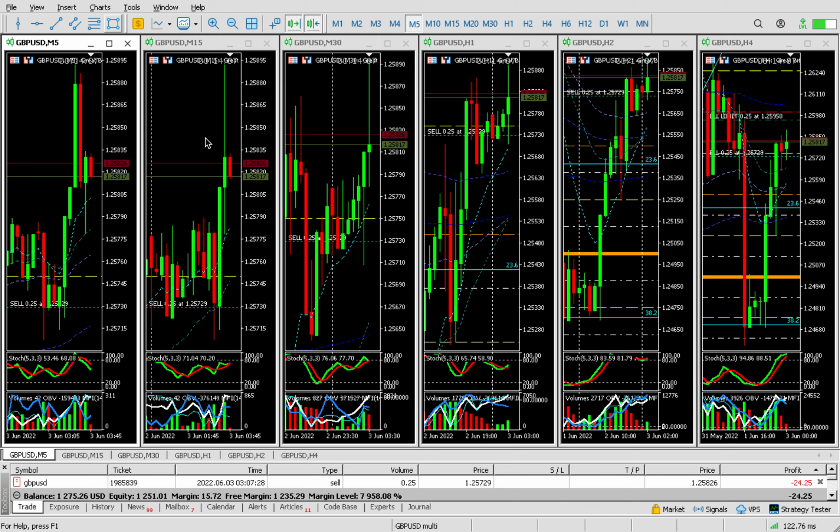Yeah, everything's kind of overbought right now. But also, when these stochastics are up high like this, that could also mean that the market is strong, right?